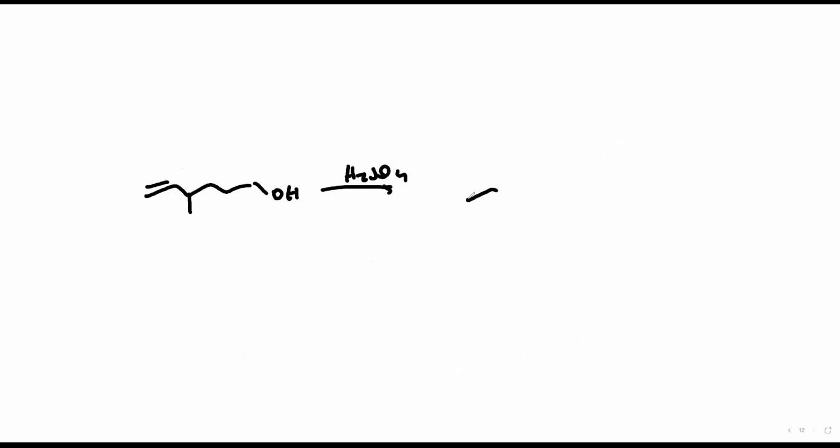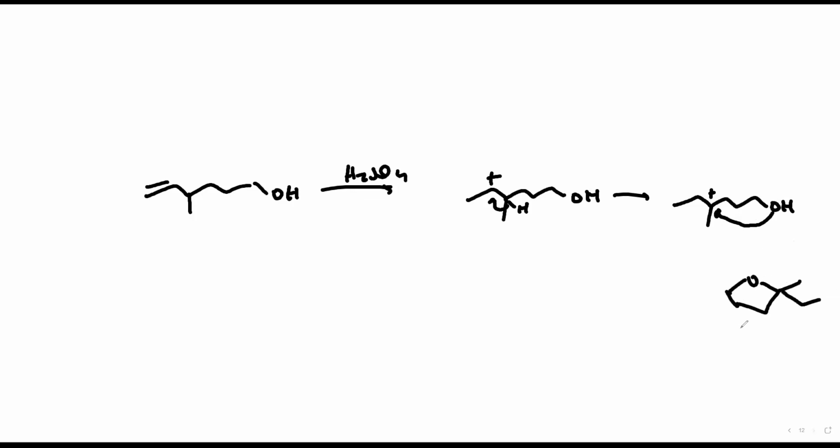But this would protonate on this here, which would rearrange almost instantly into this, and then this would capture on that, right? So that would make a 1, 2, 3, 4, 5, something like that, right? So that's a cool one.